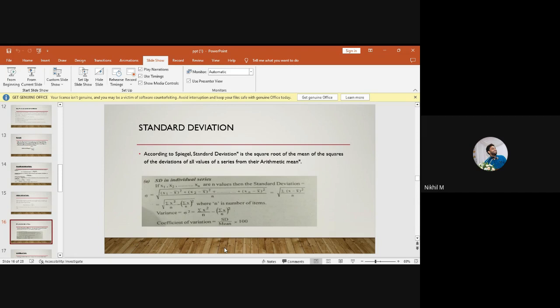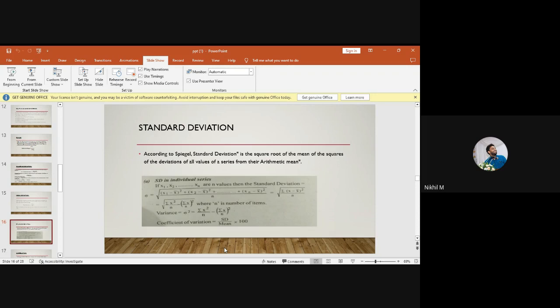It is calculated as the root of sigma (x minus x bar) square divided by n, and its variance is calculated as sigma x square divided by n minus (sigma x divided by n) whole square.